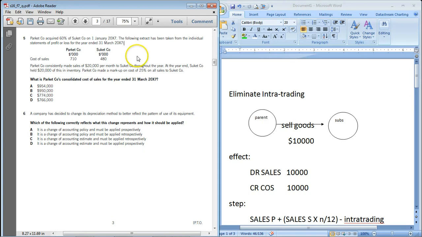All right, and you can download from ACCA Global the past exam question. Today I'm focusing on September 2016, question 5, section A. Just to share with you all, I'm doing an MCQ question.